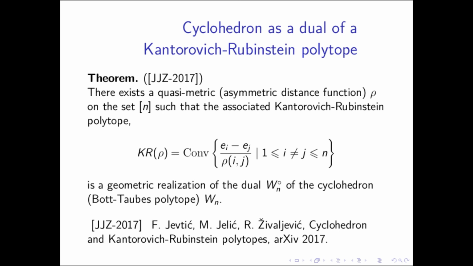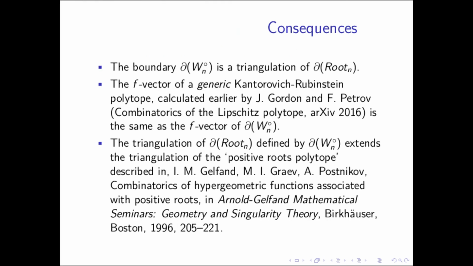But it is, if we extend the construction to quasi-metrics, so an asymmetric distance function, where there is no symmetry in the definition but it is a legitimate distance function. Then it arises this way.